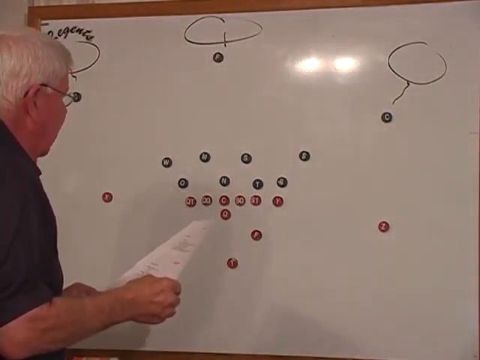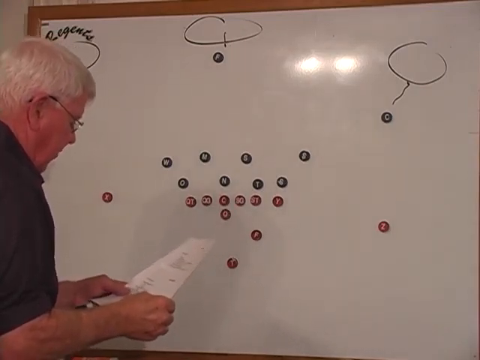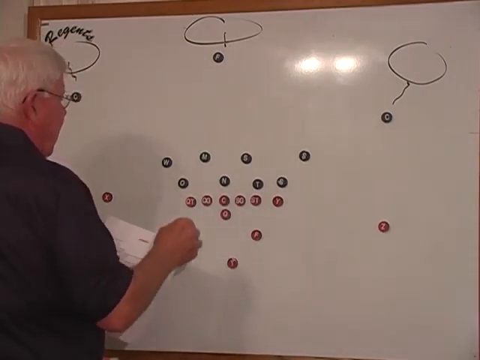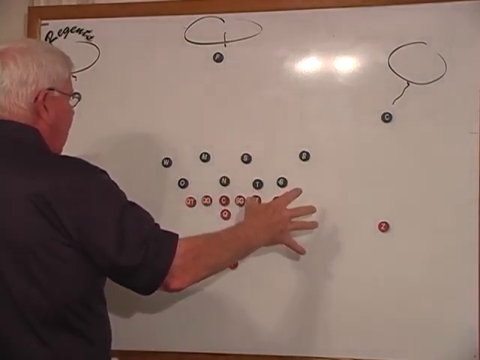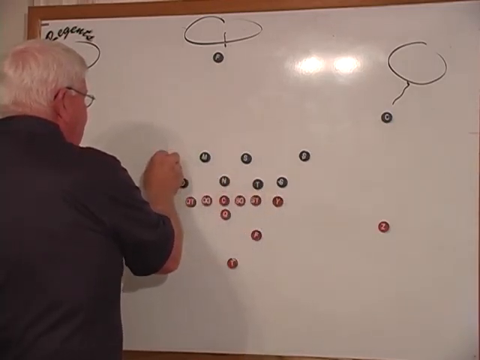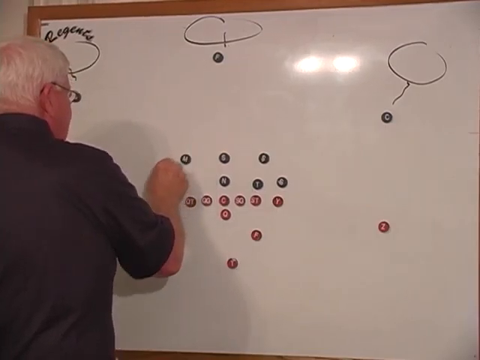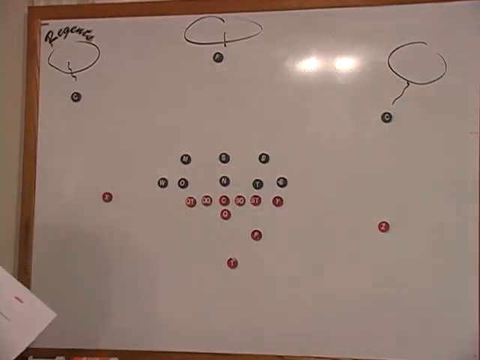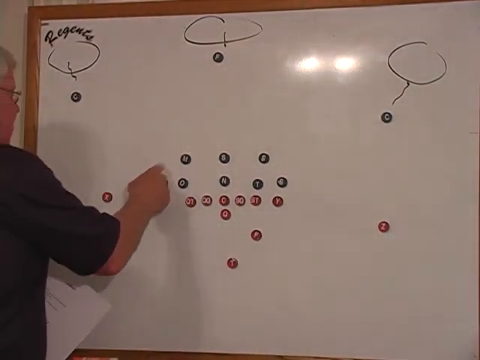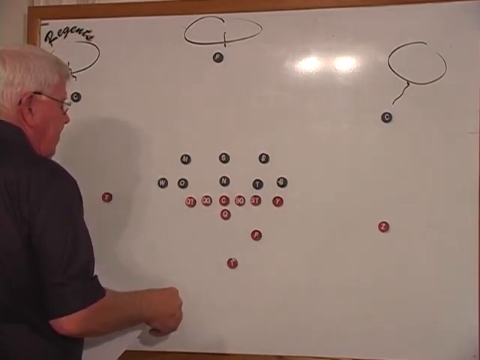Now there's really 2 types of 8-man front defenses. And what they are is the 4-4, and the other one is the 5-3 type of concept. But now they've got an extra guy in here.